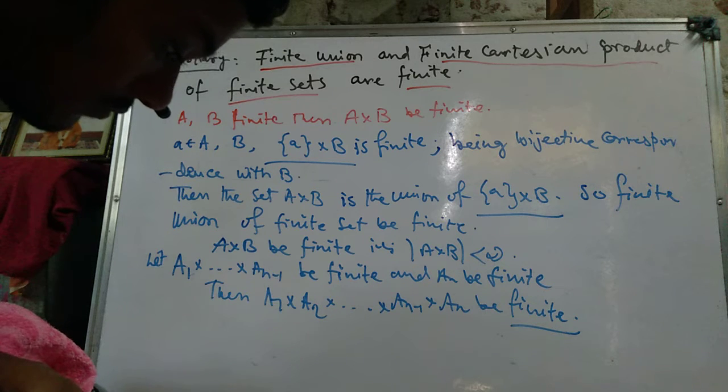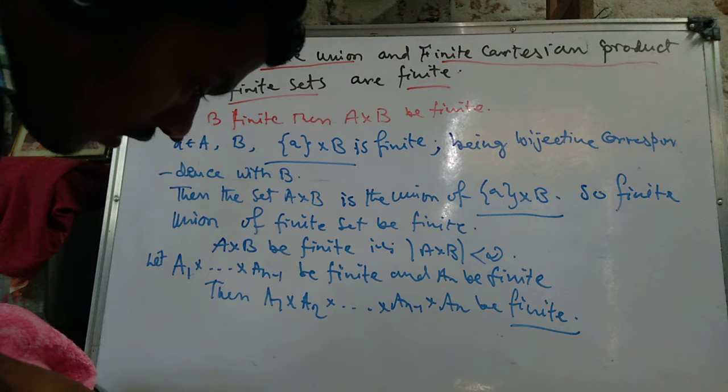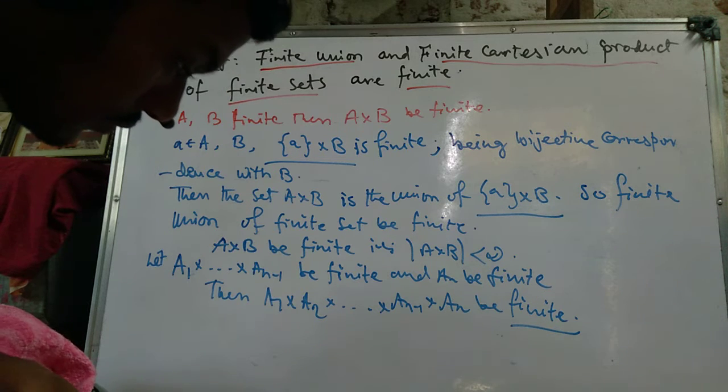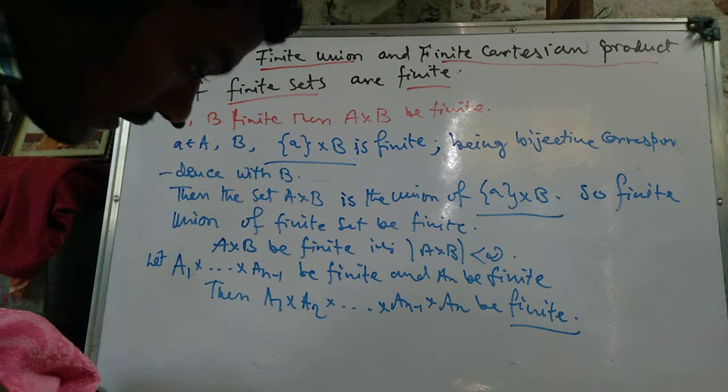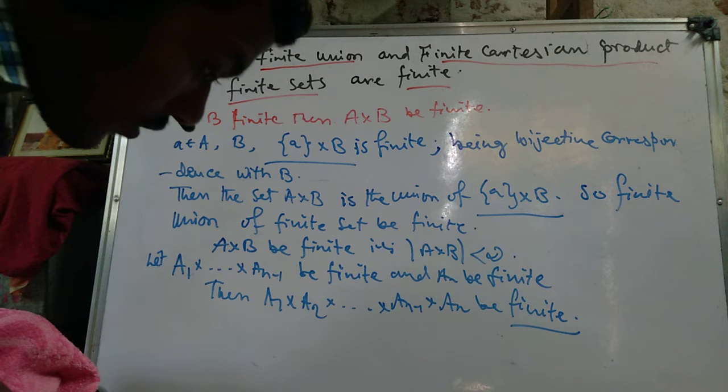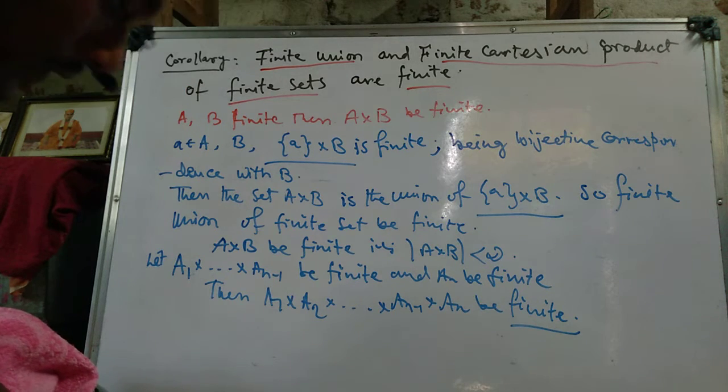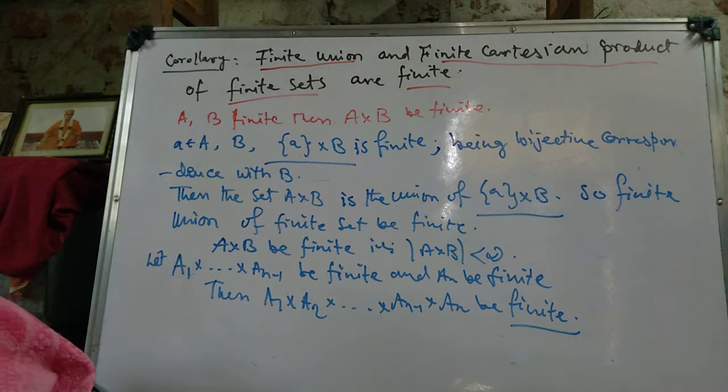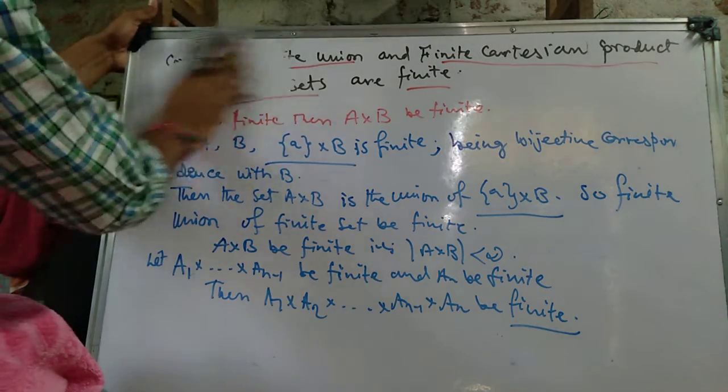Now also we discuss if B is not finite and B is a subset of A, then A is not finite. Okay, how do we discuss it?